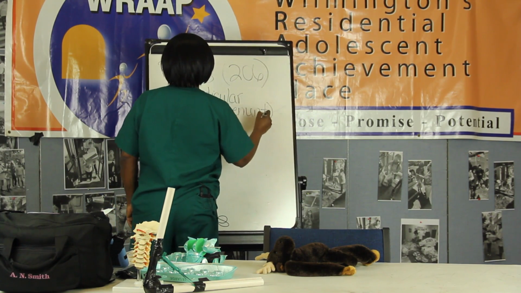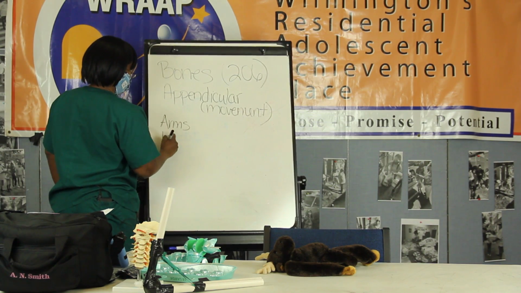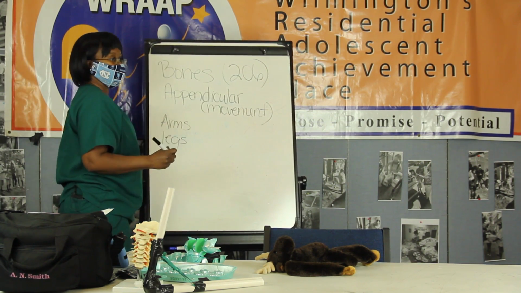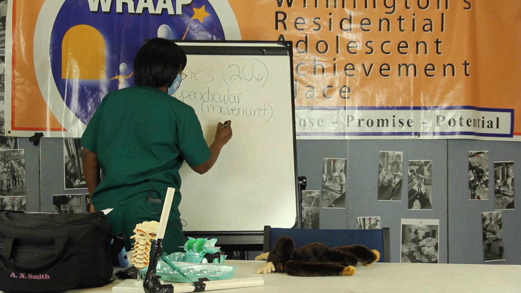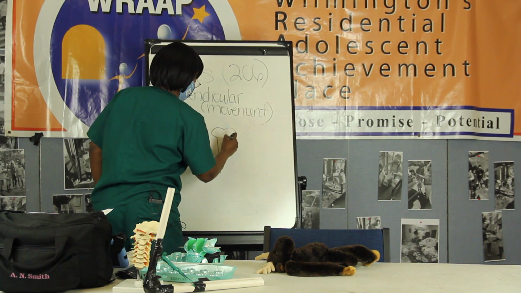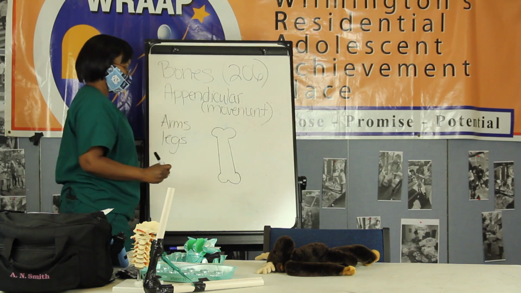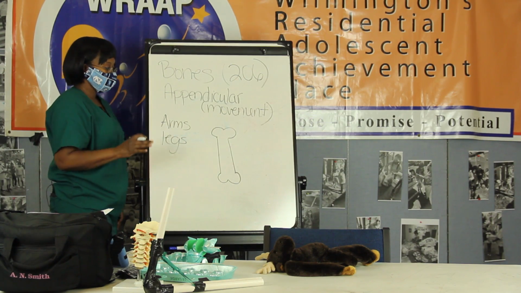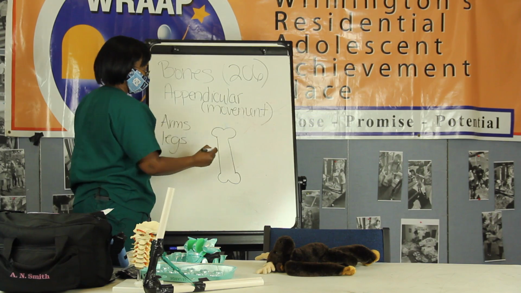And these are usually in your arms and your legs, fingers, toes. These are usually the long bones, and they look like this. This is what most people think about when they think of bones.